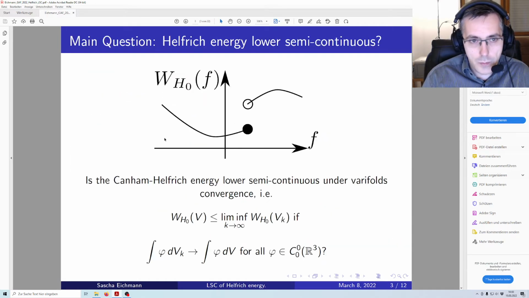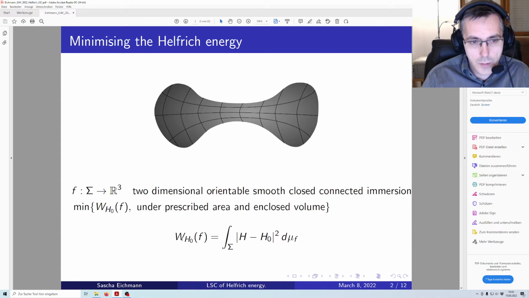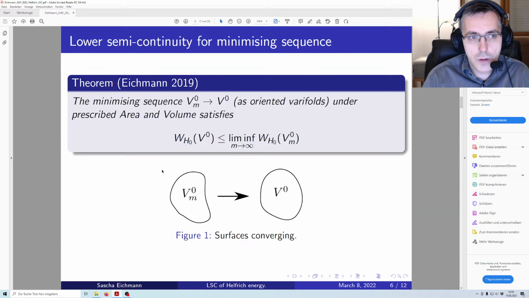Let's go back to our minimizing problem here. So now we have a minimizing sequence Fm, and these Fms correspond to oriented varifolds Vm, and they converge to a limit varifold V. And since these Vms have a smooth immersion in the background, we can actually show that the minimizing sequence itself satisfies a lower semi-continuity estimate.